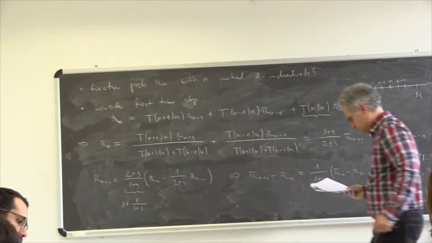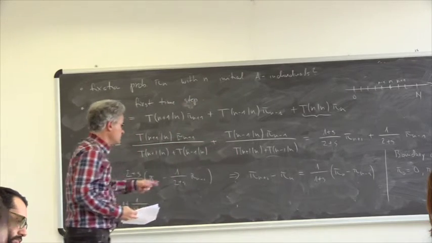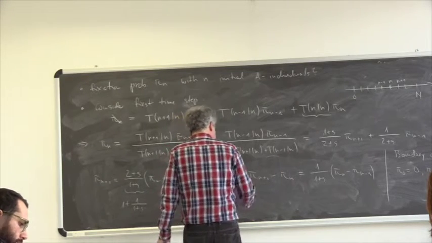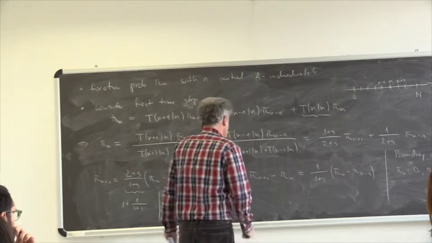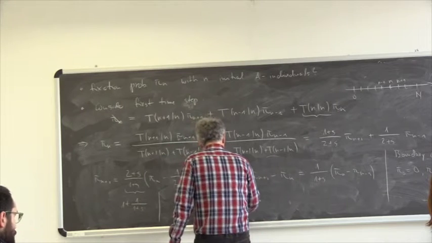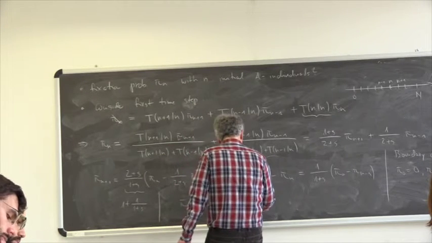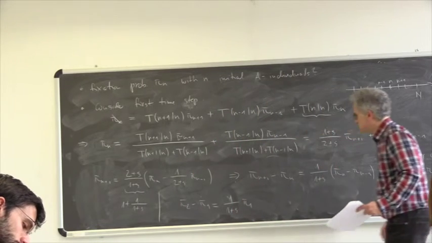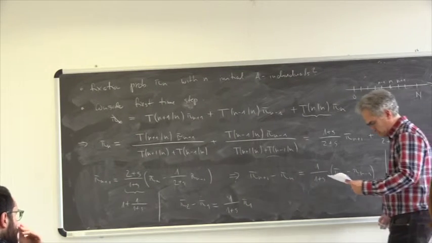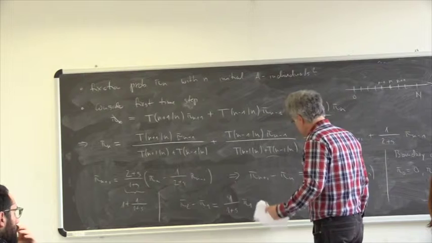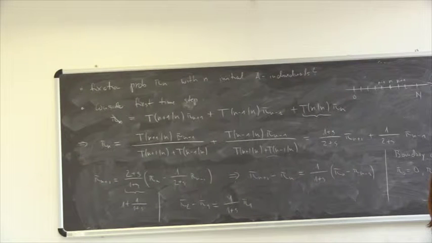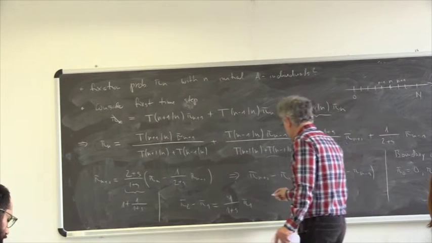So this means that, for example, pi 0 is equal to 0, so pi 2 minus pi 1 is equal to 1 over 1 plus s times pi 1, right? So this is certainly true.